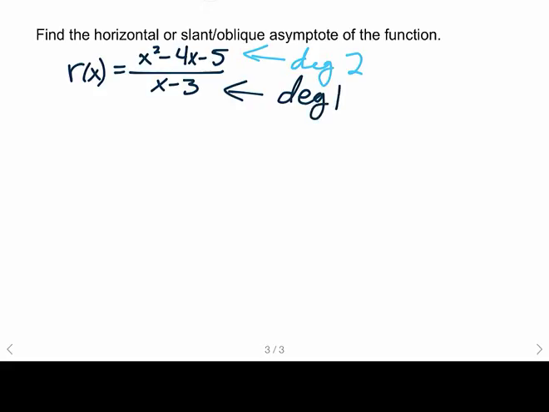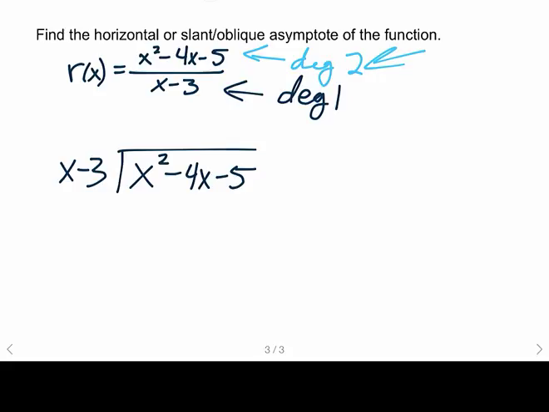So the degree of the numerator is bigger by 1. As you may recall, that means we're going to find the quotient using long division. So x squared minus 4x minus 5 divided by x minus 3 is what we're looking at. And let's whip through some long division here. Actually, I want you to pause the video, practice your long division, and then hit play.